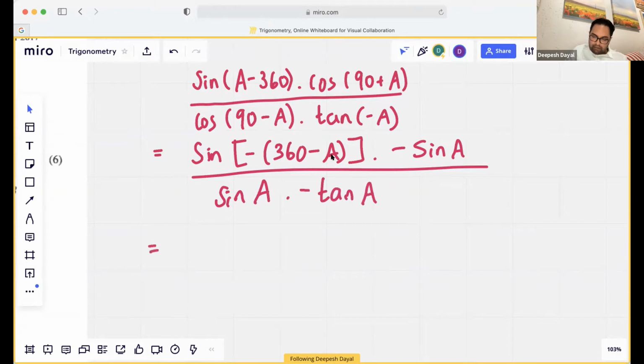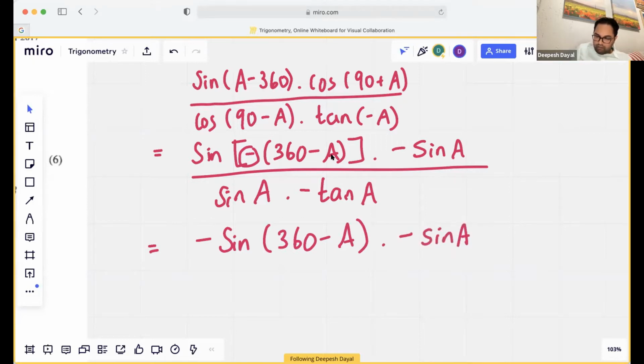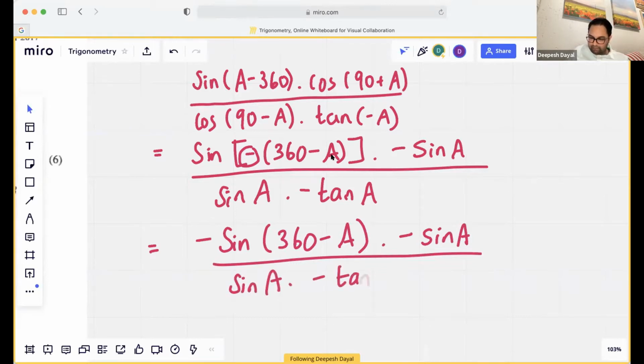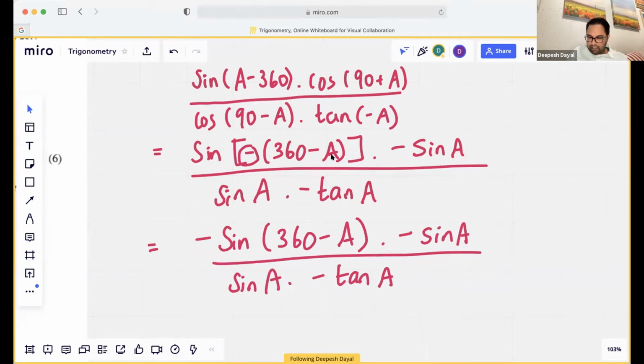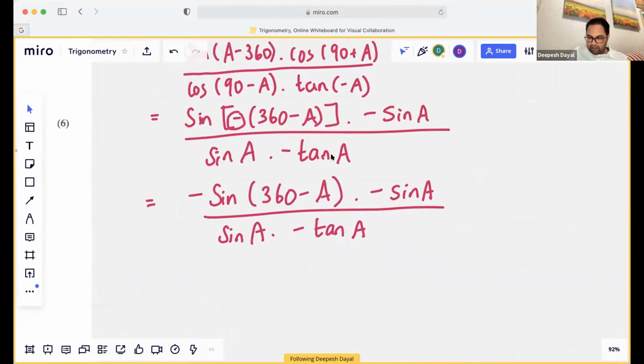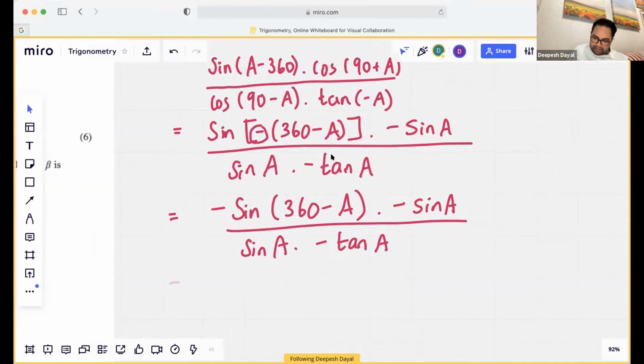Then we've got sine of minus (360 minus A). Remember, a sine with a negative becomes negative sine. So it's going to become negative sine(360 minus A), times minus sine A, all over sine A times minus tan A. Then we've got minus sine(360 minus A).